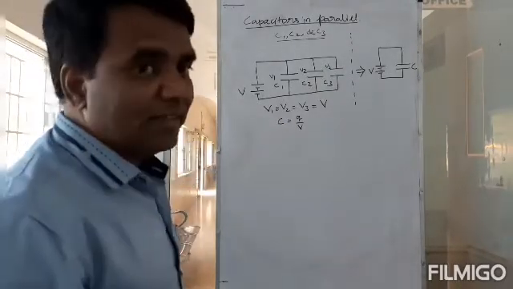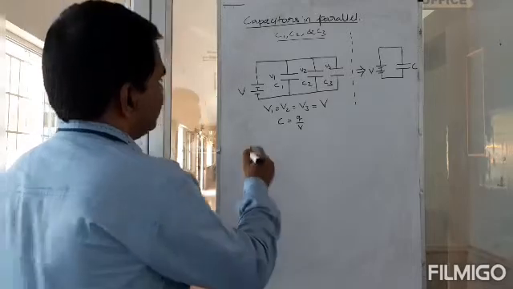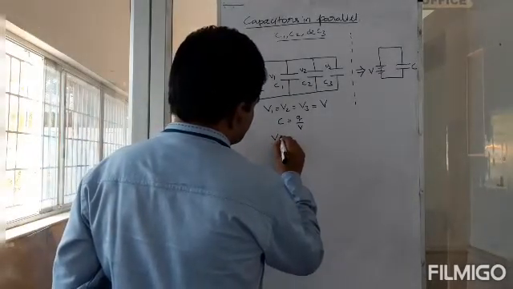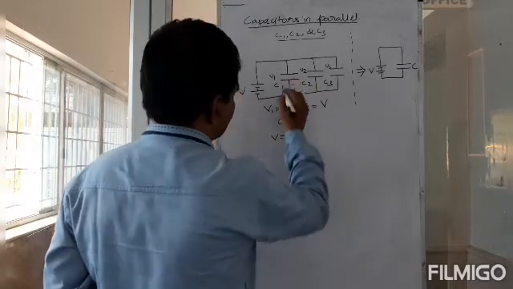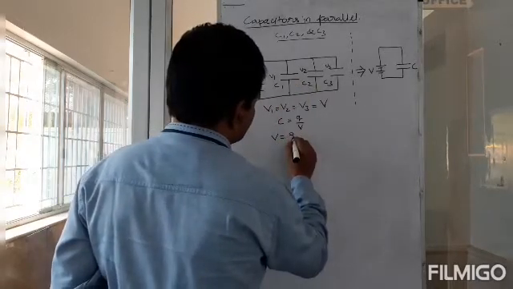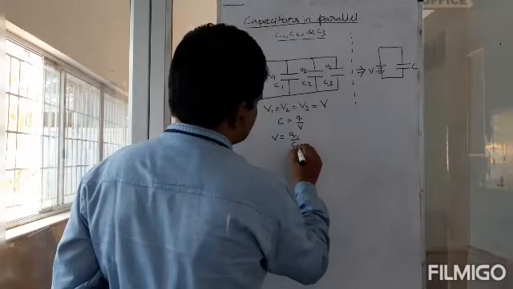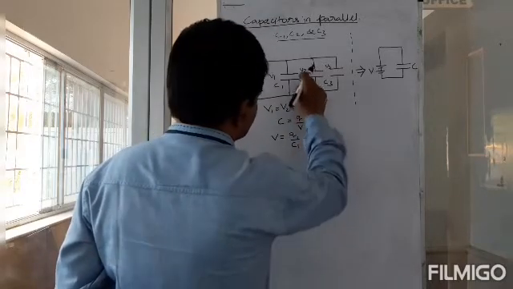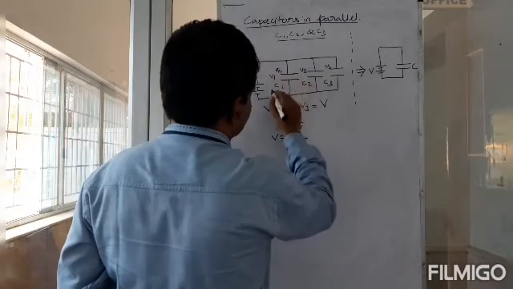V is equal to Q by C. So V is equal to this one, if you take that, Q1 by C1, so I will get Q1 here.